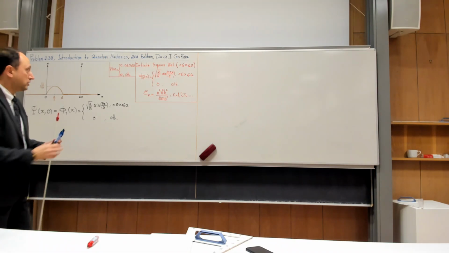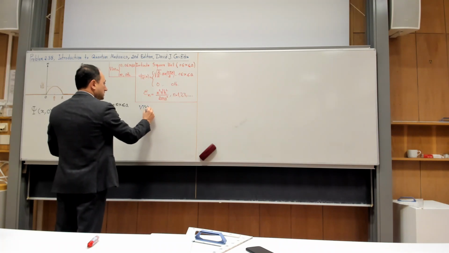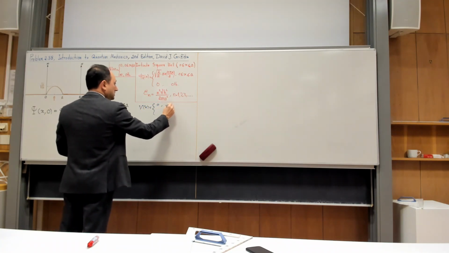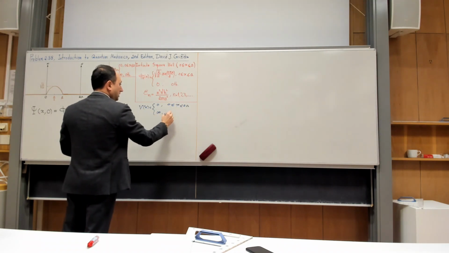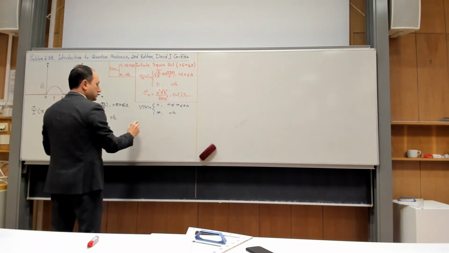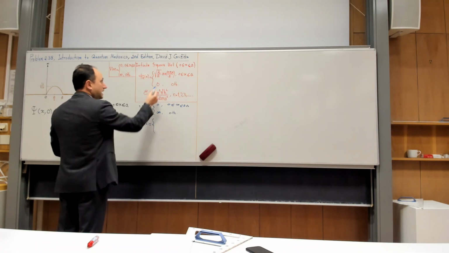So let me change my color. Now the potential that I have is just this potential, again 0, but this time x is between 0 and 2a, and infinity otherwise. And then if I ask you, what are the states? The states are exactly these functions.